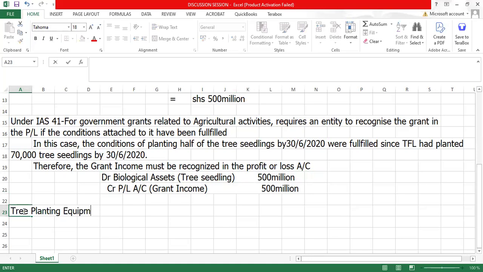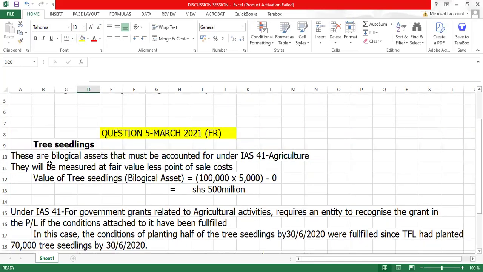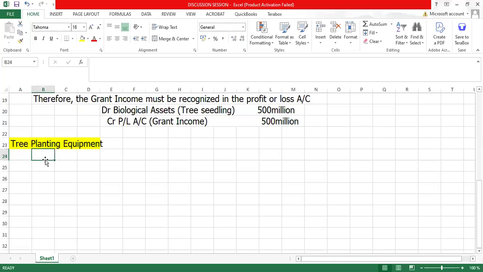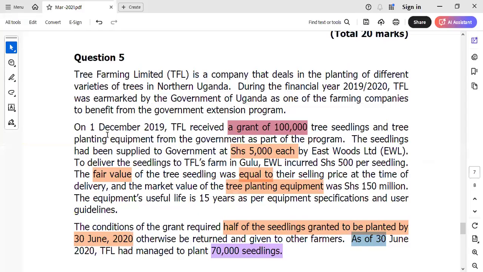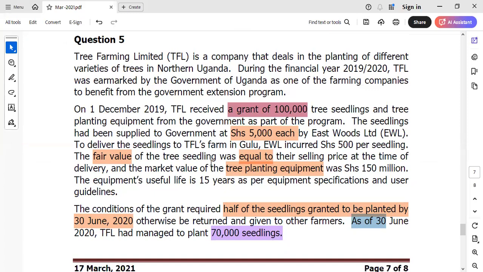So we talk also about the tree planting equipment. Remember, we had the two grants, one related to tree seedlings and another related to tree planting equipment. When you observe in our question, they told us that on 1st December you received the grant from the government.